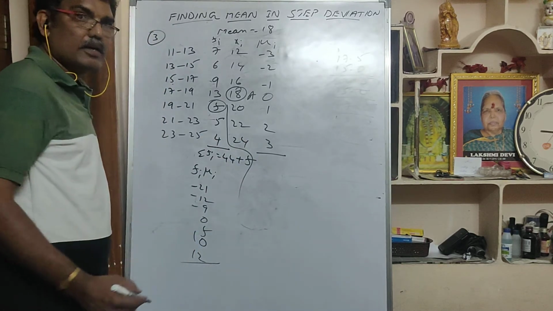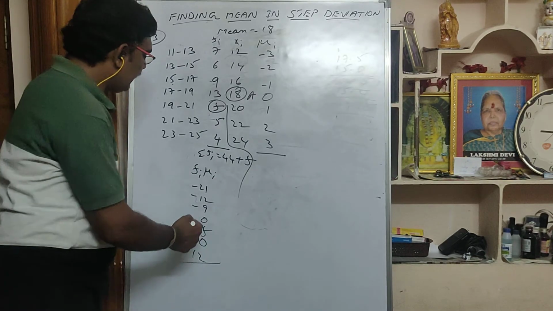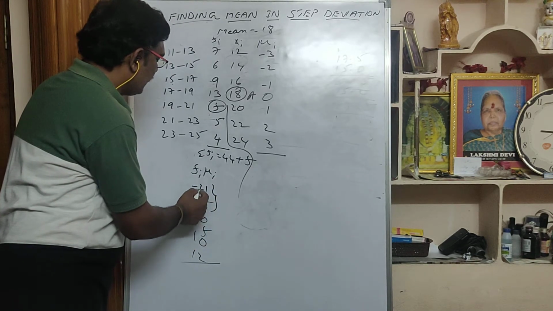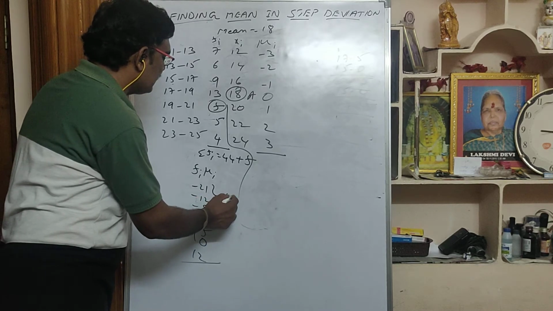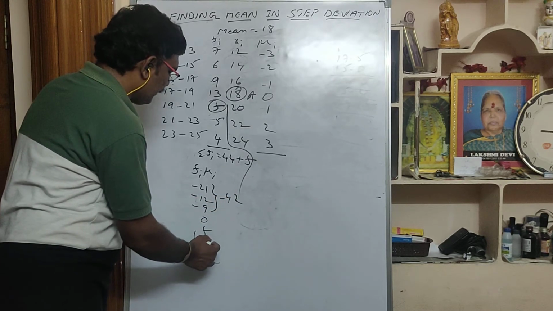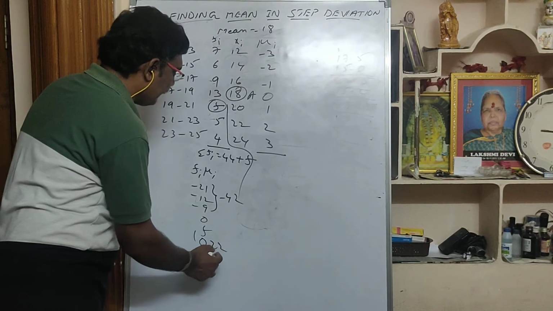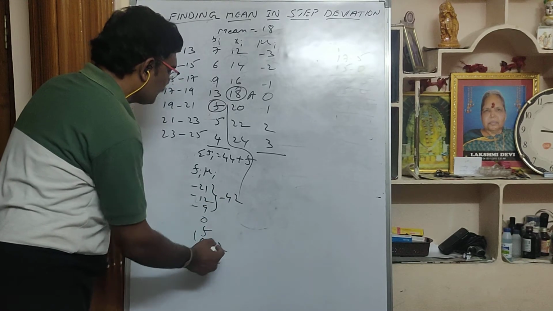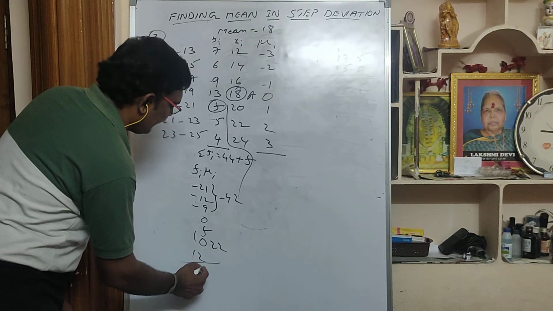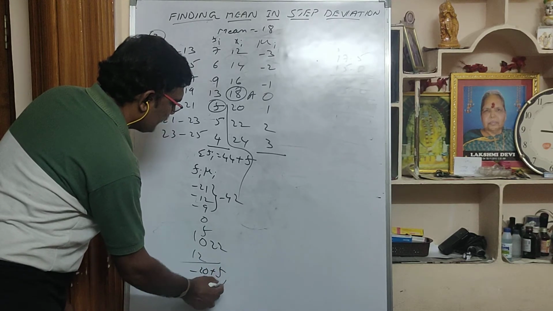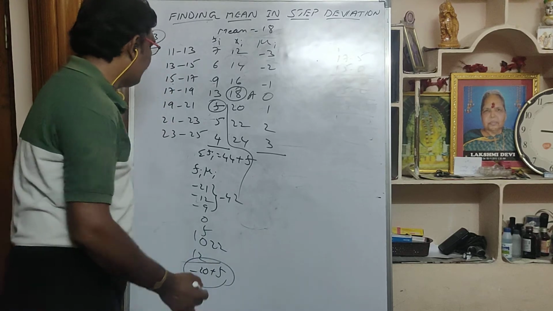So if you add, how much are you getting? 12, 19, 21, 19 is 30, 42, minus 42. And these two if you add, 22. Minus 42 plus 22 is minus 20 plus f.